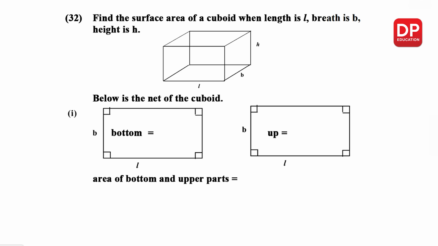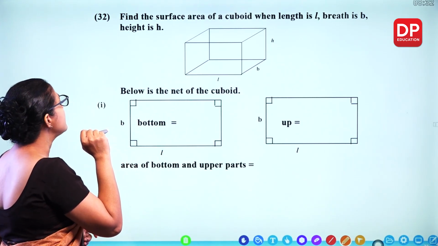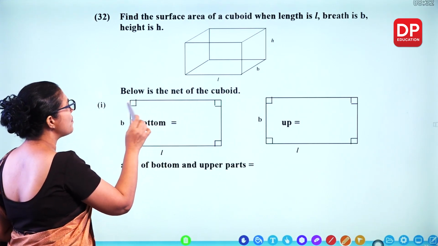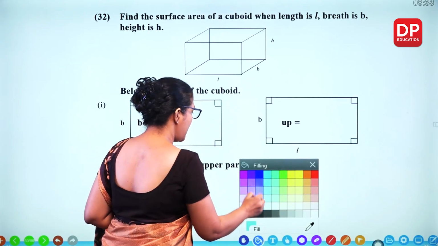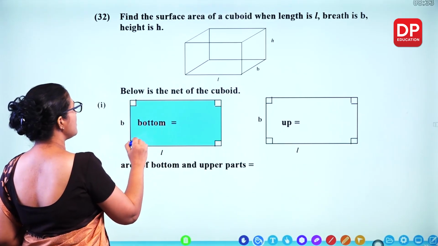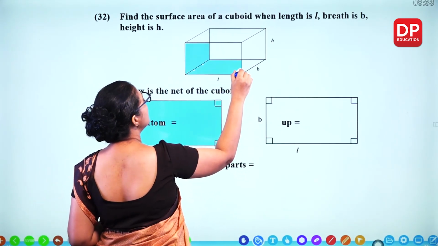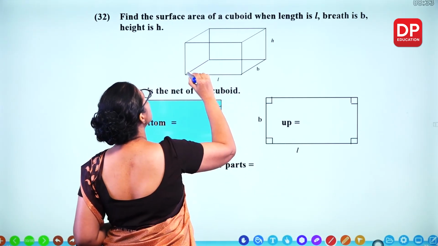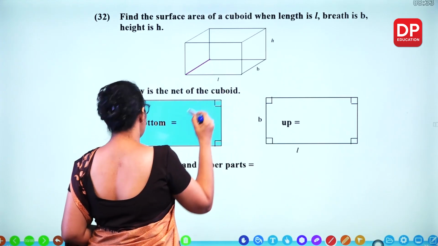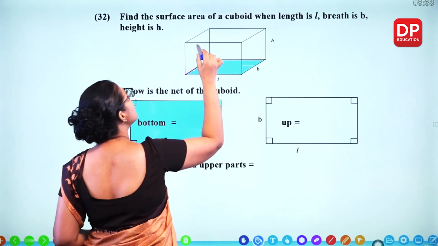Now we'll see how we can find the surface area of a cuboid when the length is L, breadth is B and perpendicular height is H. Similar to the previous one, you can take the bottom part and the upper part and find the area first. This part is the bottom part, then the upper part.